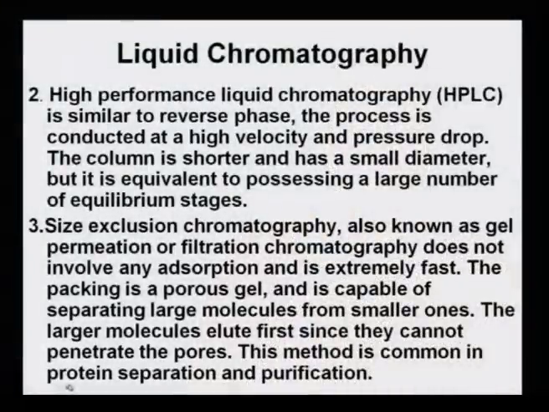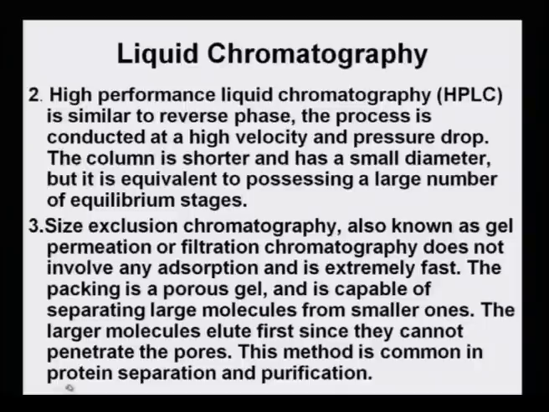High performance liquid chromatography, that is HPLC, is also called high pressure liquid chromatography, where the abbreviation still remains HPLC. It is similar to reverse phase. However, the process is conducted at a higher velocity and pressure drops. The column is shorter and has a small diameter, but it is equivalent to possessing a large number of equilibrium stages.